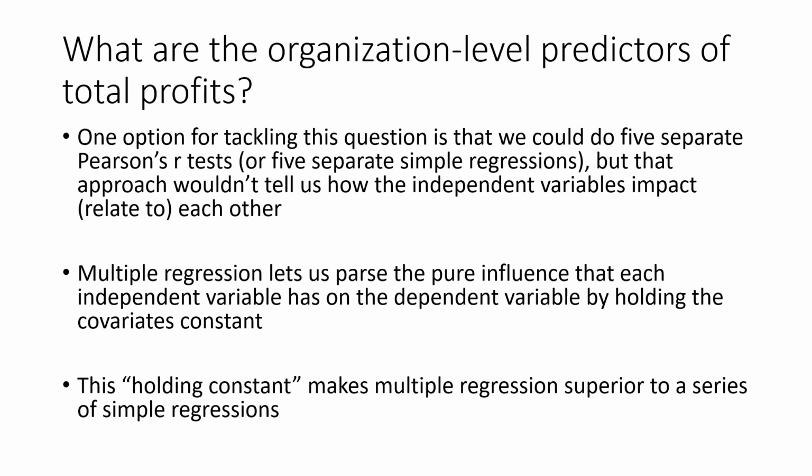So what's interesting and useful about multiple regression is that it allows us to understand or discover the pure influence of an individual predictor on the outcome, on the dependent variable, whilst holding constant the influence of the other predictors in the equation, right? So the presence of other predictors can influence how an independent variable is related to the dependent variable.